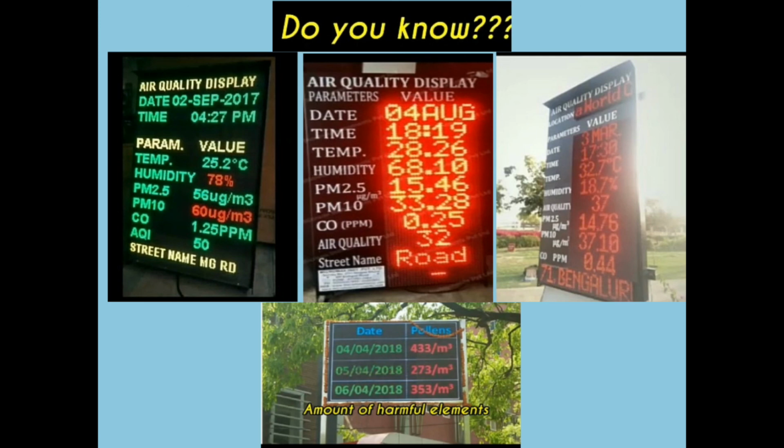These boards show the proportions of the various constituents of the air at that place. So, in this slide, you can see some digital boards which show the proportion of various gases of the air, so that we can see the amount of harmful elements in the air.